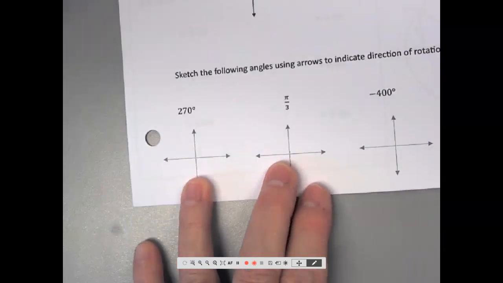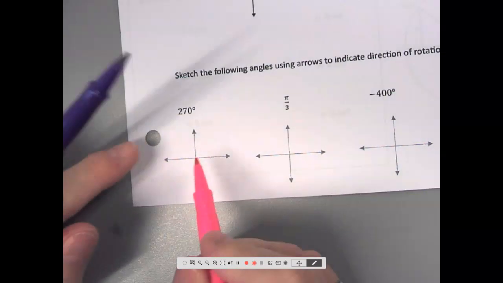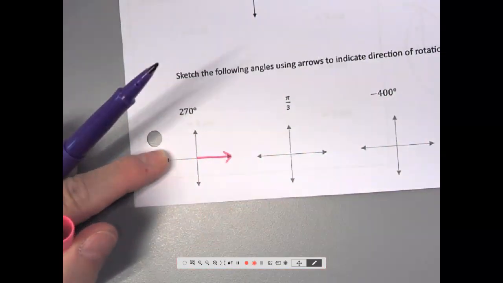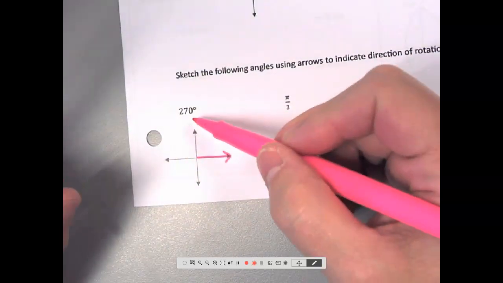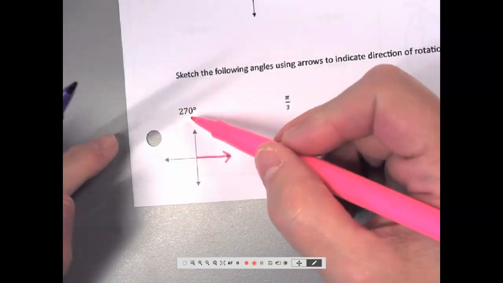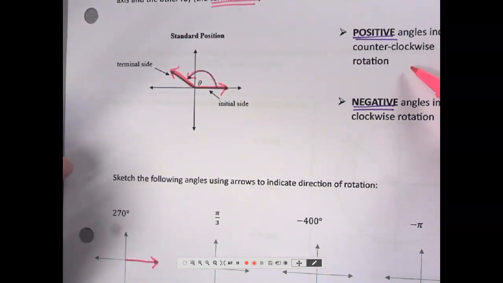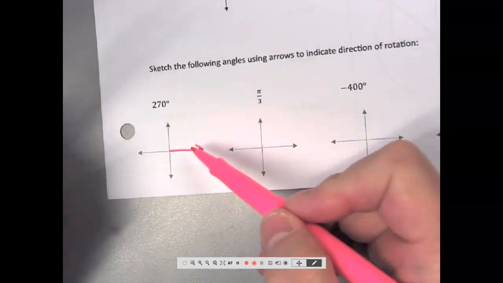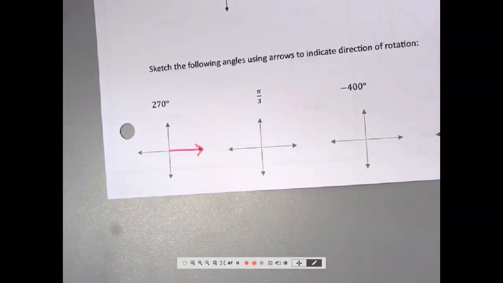So the first one is 270 degrees. We always start on the positive x-axis, and then we take another ray and we rotate this amount. Now, if it's a positive angle, which this is, that tells me to go counterclockwise. So if I start there and go counterclockwise 270, where do I stop rotating?